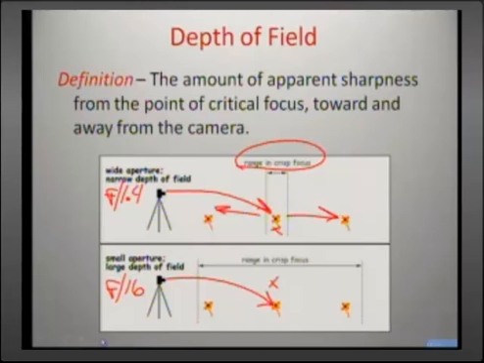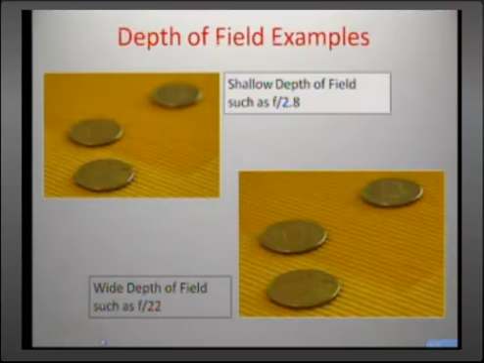This next photograph, we're going to look at some coins and put this into terms that you would actually see in a photograph. The top one, or the upper left photograph here, is what we would call shallow depth of field, and this was taken at f2.8. Now, it may be difficult to see in this video, but this quarter right here is the only one that is sharp.